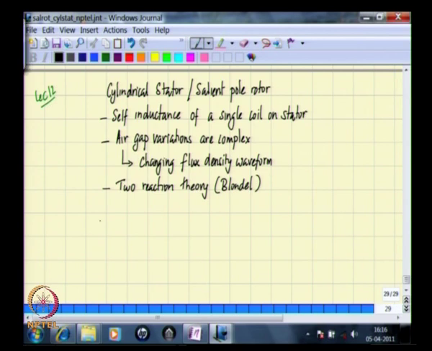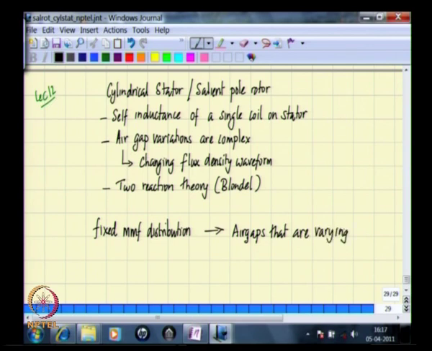We have a fixed MMF distribution which is acting across air gaps that are varying as the rotor rotates.